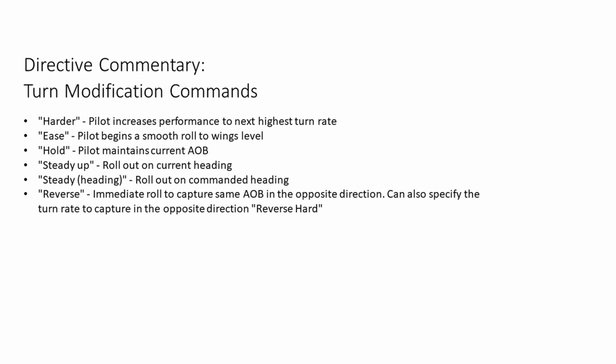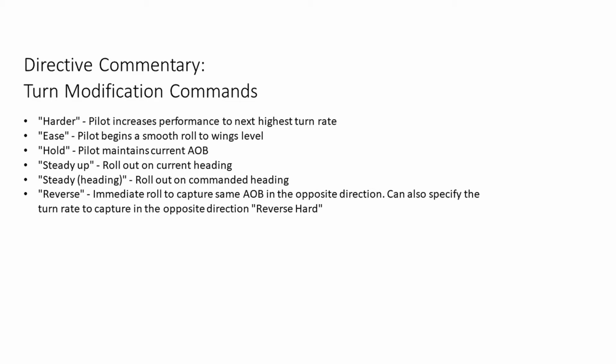On top of that, we have turn modification commands. Harder: we want the pilot to increase performance to the next highest turn rate, so go up one step from the last slide that we saw. Ease: pilot begins to smooth the roll to level the wings. Hold: pilot maintains the current angle of bank. Steady up: the pilot rolls out on the current heading.